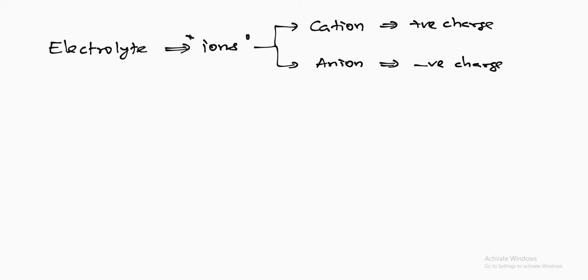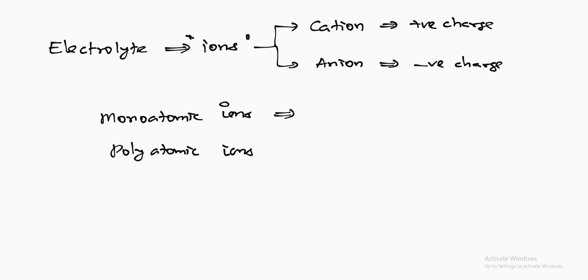Students, observe carefully. Here in ions, we have monoatomic ions, we also have polyatomic ions. What is meant by that? Monoatomic ions, see, sodium ion Na+, potassium ion, fluoride ion, chloride ion, single atom carrying charge.